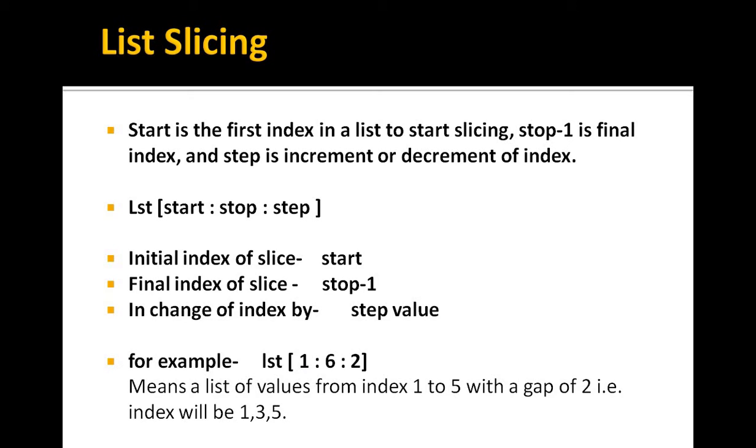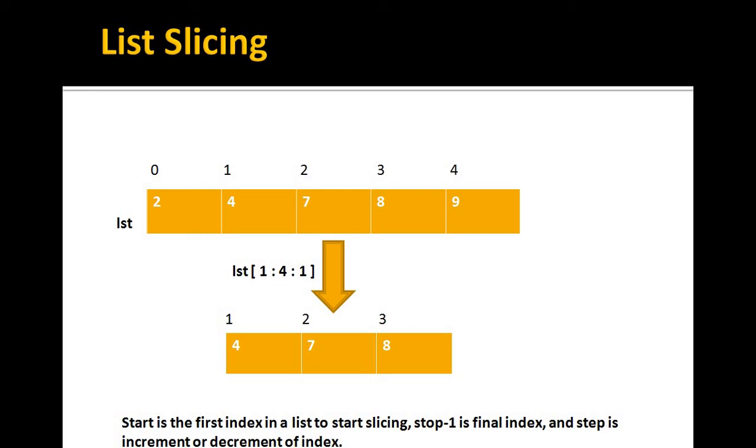That means we will have indexes 1, 3, 5. So the values at positions 1, 3, 5 will be accessed at a time, and this list slice will have values from the list at positions 1, 3, 5.